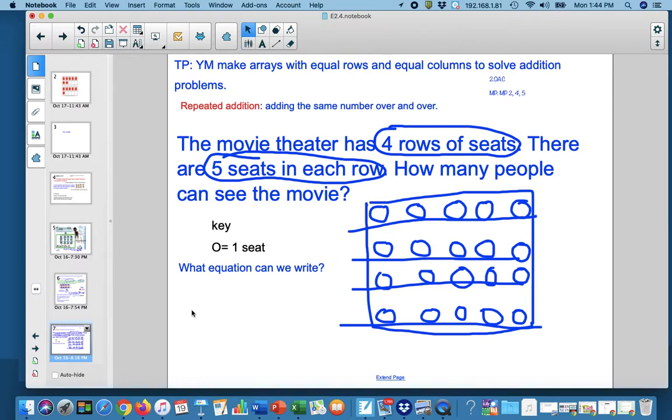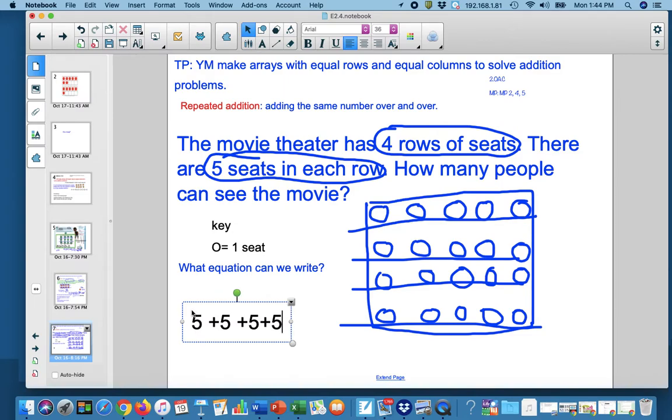I did 5 plus 5 plus 5 plus 5 because we have 4 rows of 5. And now let's skip count. 5, 10, 15, 20. And that equals 20.